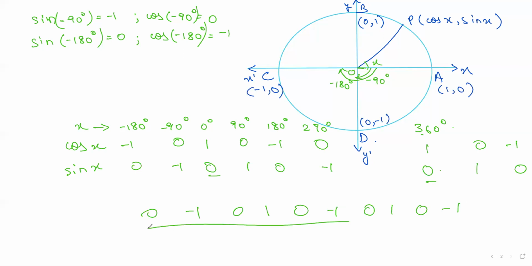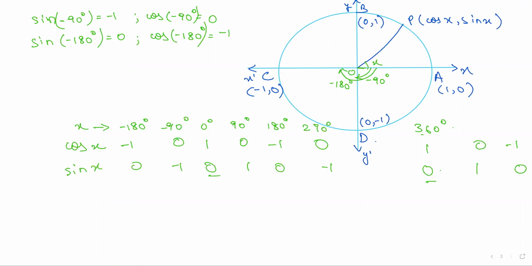Now the importance of this, or the graphical representation of this, will be covered maybe in the next class. But what we are trying to do is observe what standard trigonometric values you get for standard angles, as far as the quadrant angles are concerned.